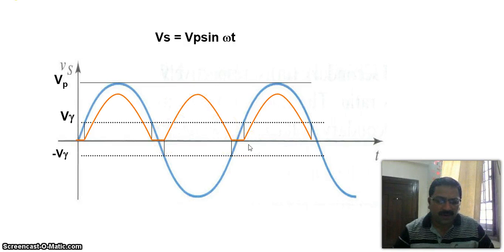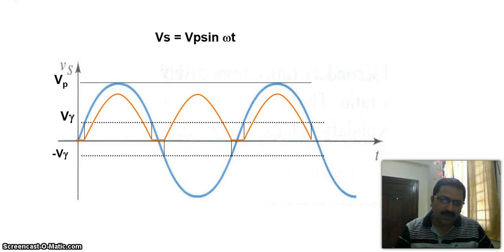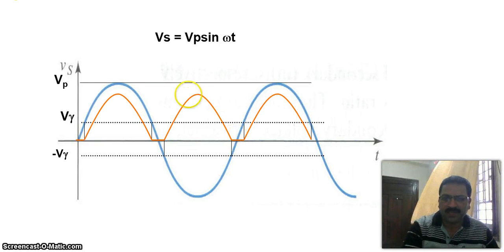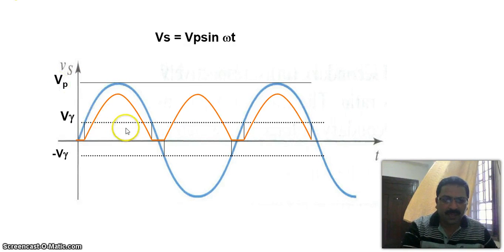With the center tap, the positive voltage is conducted by D1, and the negative voltage, since D2 is connected in the reverse direction, will be seen as a positive voltage by D2. Now both voltages are given to the load, so we see full wave rectification. This orange voltage is seen across the load.